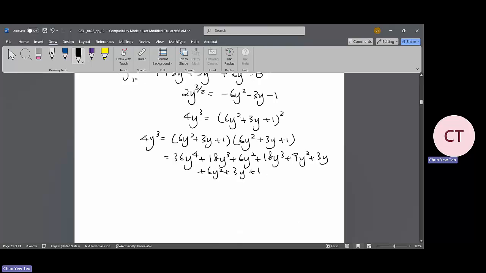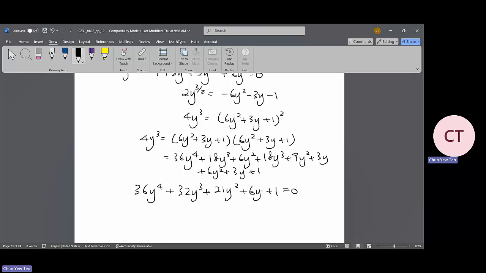If you expand and simplify, you will get 36y to the power of 4, then plus 36 minus 4, 32y cubed, then 21y squared, and then plus 6y plus 1 equal to 0.